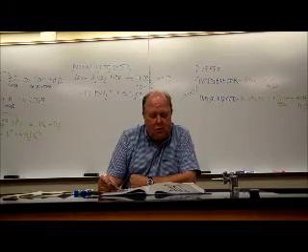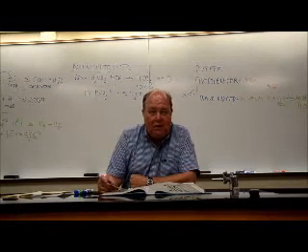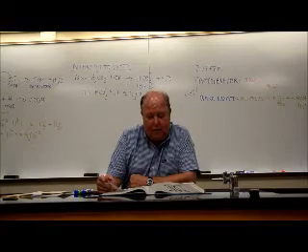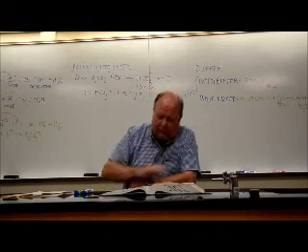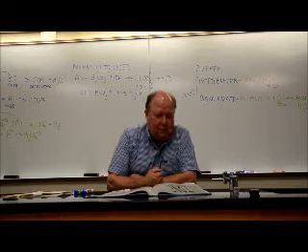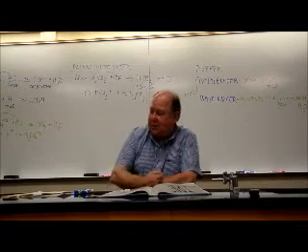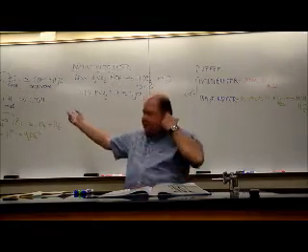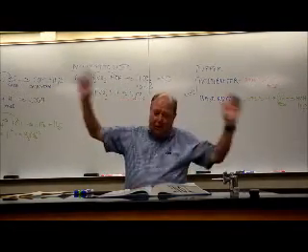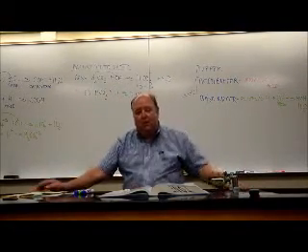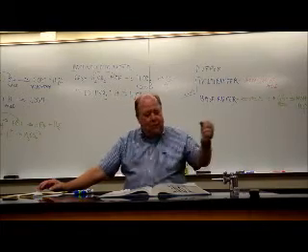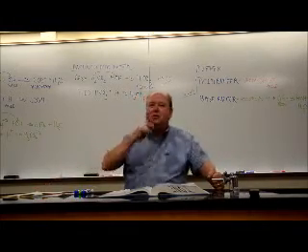Make sure that you answer a question as it's asked. In other words, if I say, describe a buffer, or define a buffer and explain how it works, I'm not asking you to pick one of these buffer systems, because there's buffers everywhere outside the body as well. You know, when you're using a pH meter, you put it in buffer when you're not using it. There's all kinds of buffers.